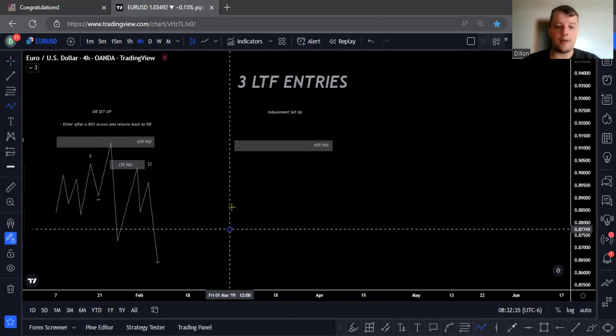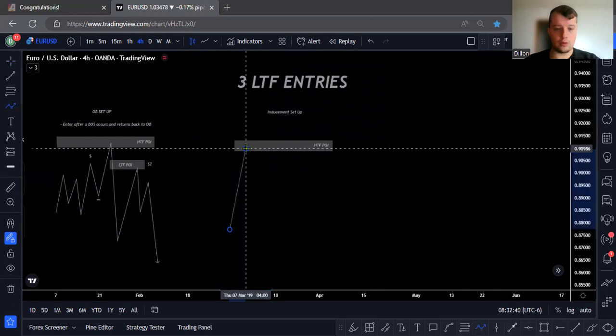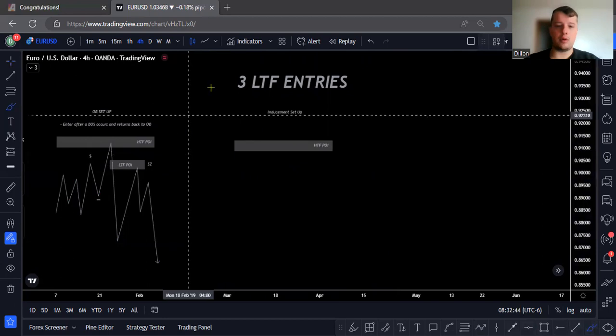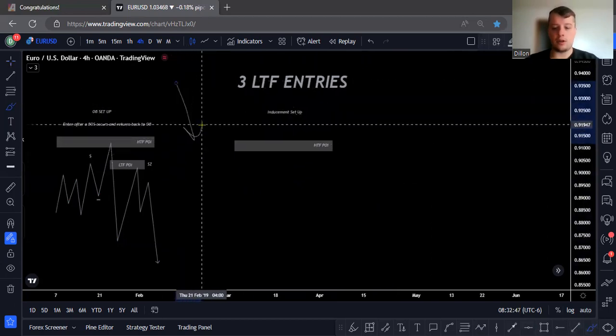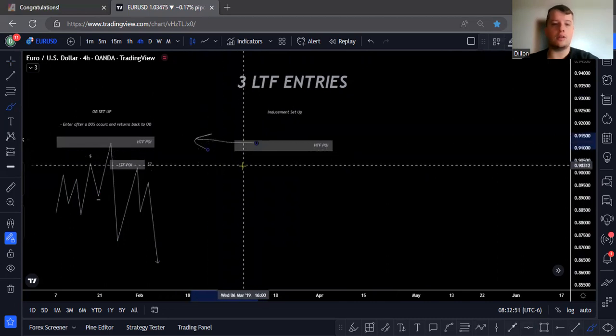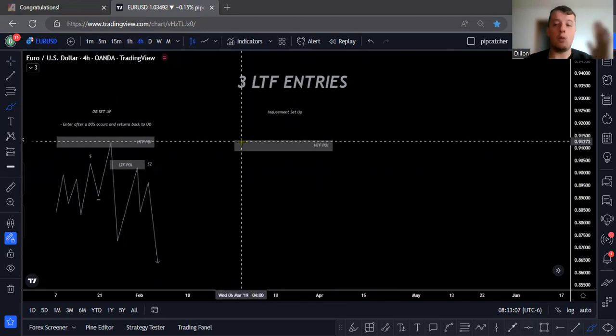So what we'll look for on this is say you have a fast move up into your point of interest. Say we're in a downtrend and there's a higher time frame order block to the left. It could be on the daily time frame, and there could be a lower time frame order block on the 1 hour.